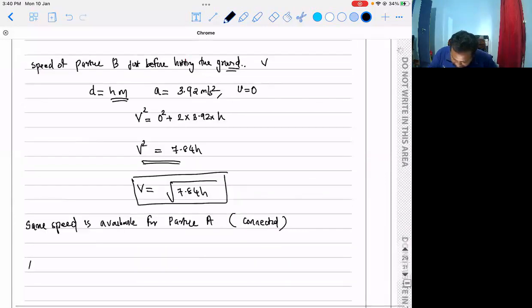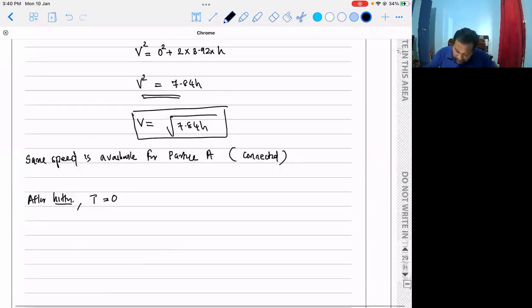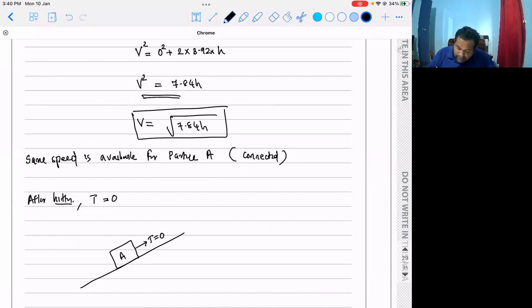After hitting, the tension on the string becomes 0, because it's slack. So if I draw the free body diagram of A, there is no tension. And its initial velocity is root of 7.84 h. Am I correct?